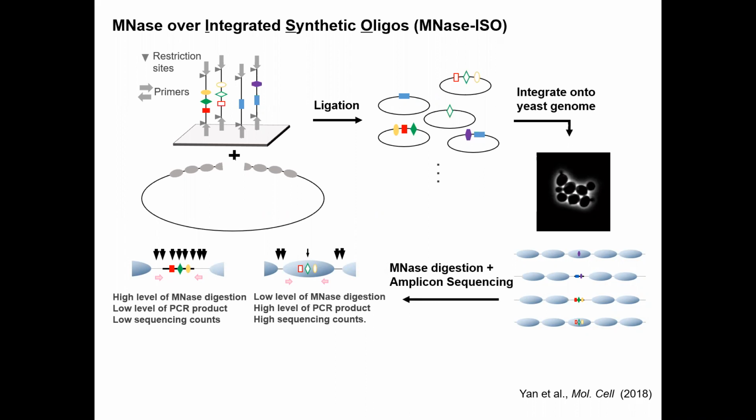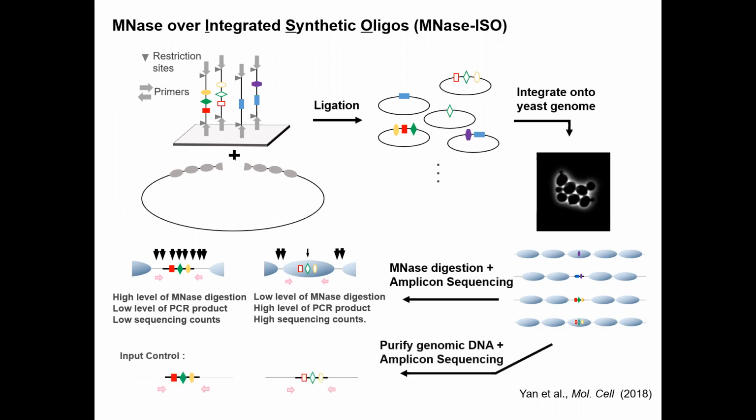For the other half of the population, we just purify the genomic DNA and do the same amplicon sequencing, and that's your total input. So by looking at the sequencing counts in the MNase sample versus the genomic sample, we get an effective reading of the nucleosome occupancy on all of these sequences, all at the same time.